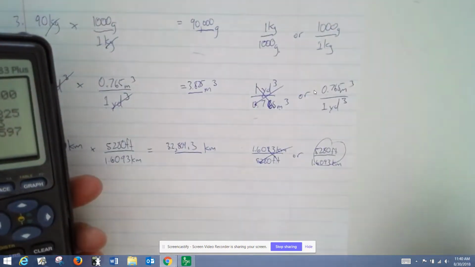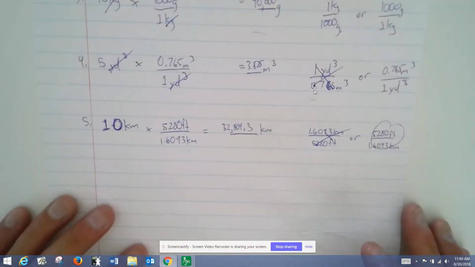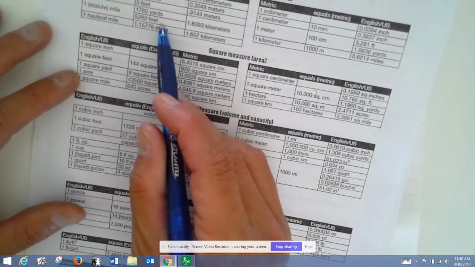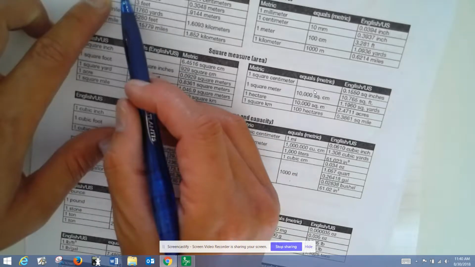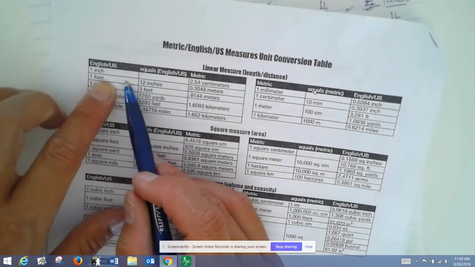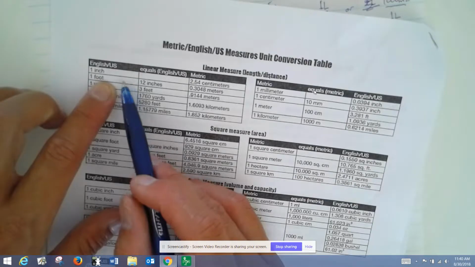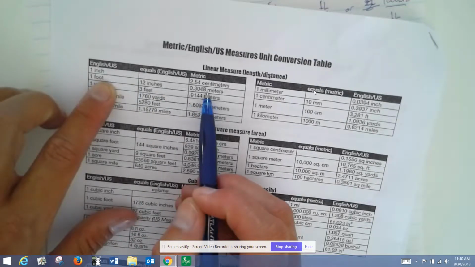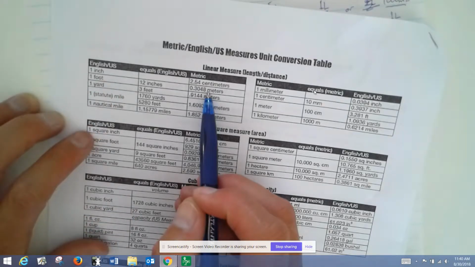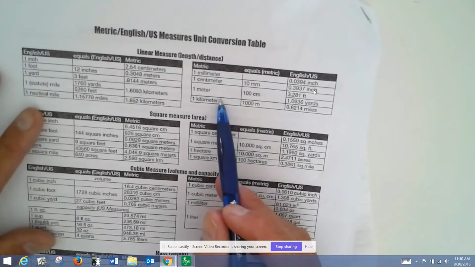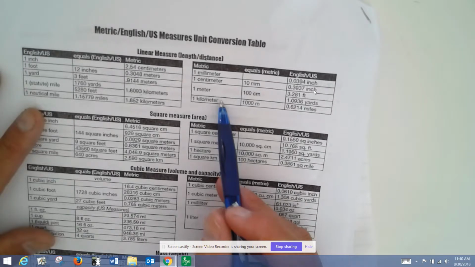Now, there's another way you could have done this. Let's say we didn't have that nice conversion factor from kilometers to feet. I see that 1 foot, its relationship to at least meters, is 1 foot for 0.3048 meters. And for every 1 kilometer, it's 1,000 meters.